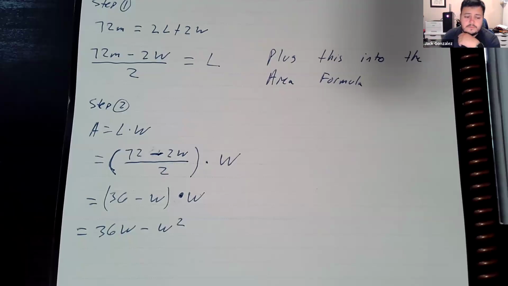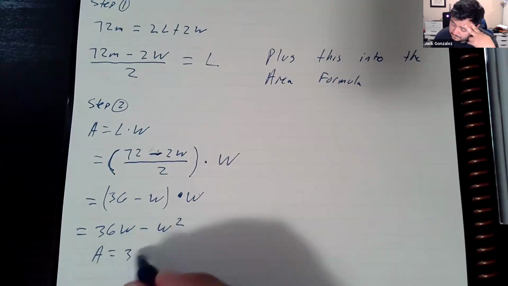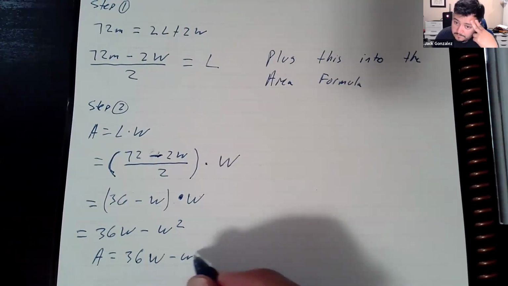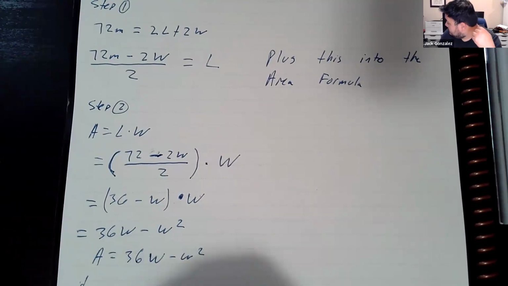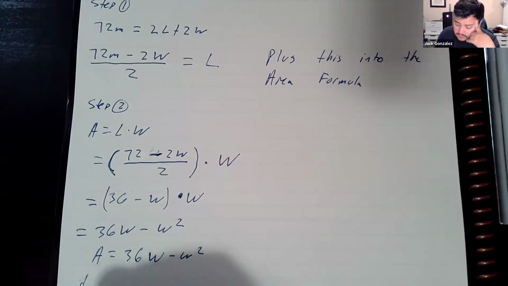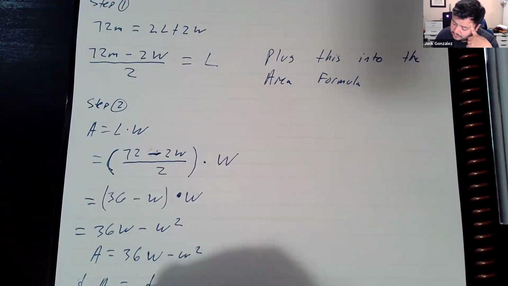Okay. So now we have a simple equation. That's our area formula. So A is equal to this. Take the derivative of both sides with respect to W, since we're trying to maximize the area.